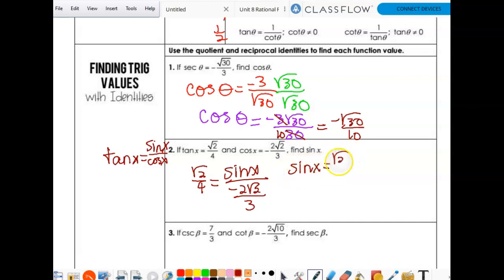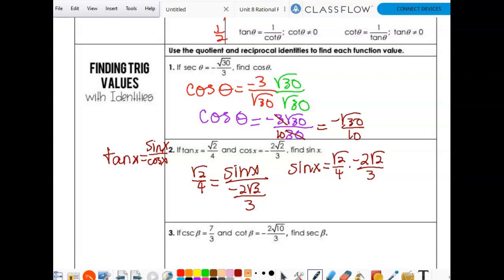It's going to be the square root of 2 over 4 times -2 square root of 2 over 3. So if I multiply, square root of 2 times the square root of 2 is what?